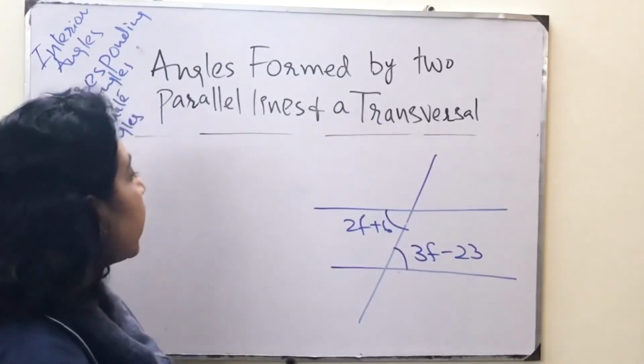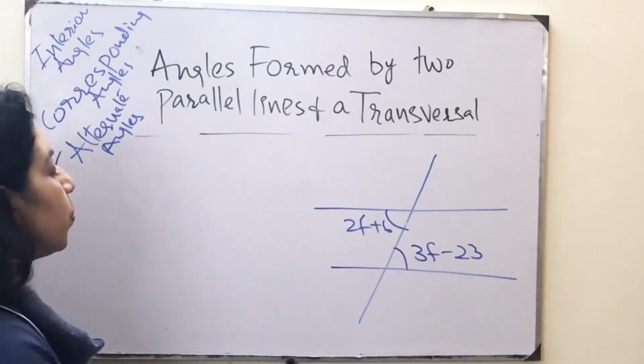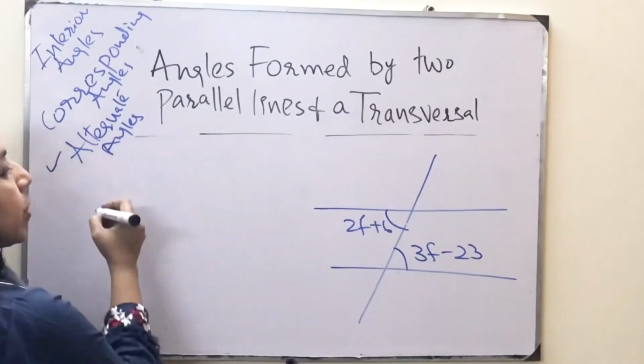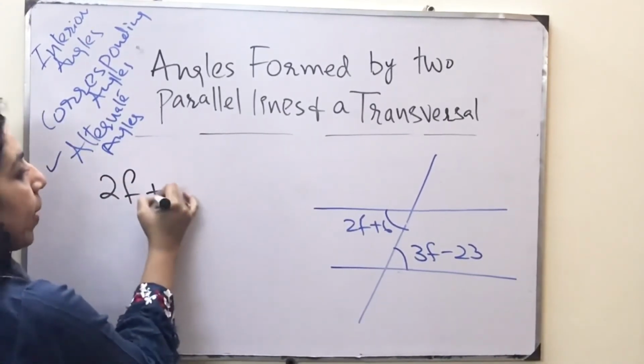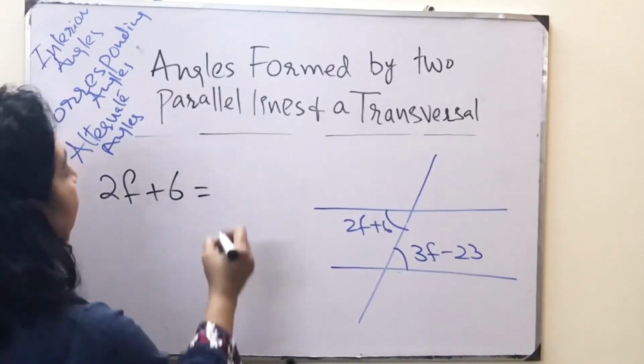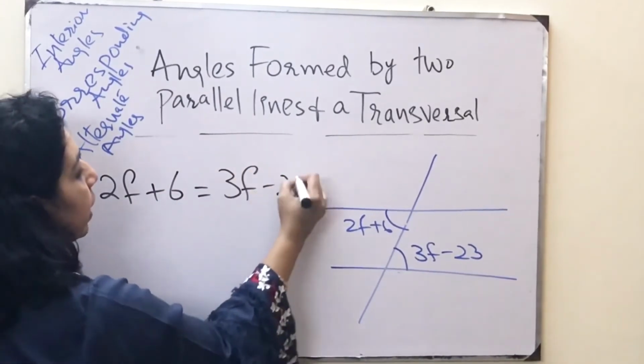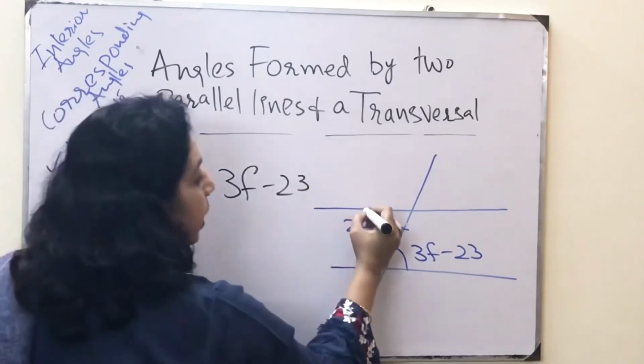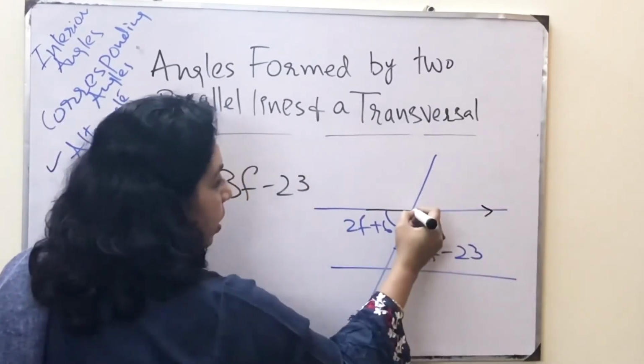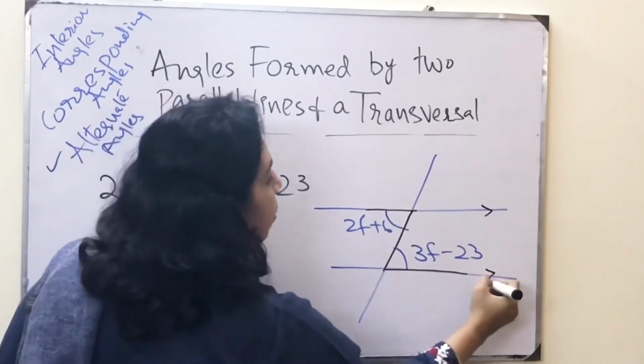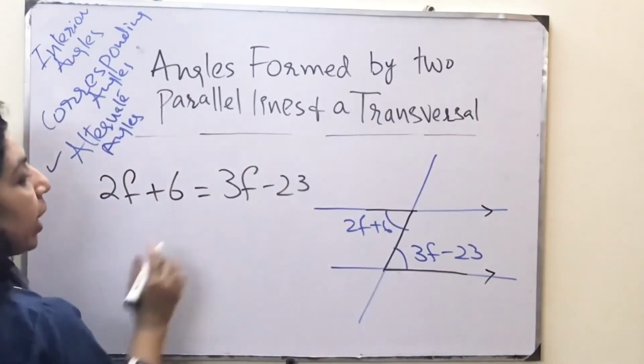In this question you can see 2f plus 6 is alternate to 3f minus 23. So we shall take 2f plus 6 equals to 3f minus 23. We shall make a linear equation. Reason is they are alternate, parallel line, transversal, parallel line. So 2f plus 6 equals to 3f minus 23.